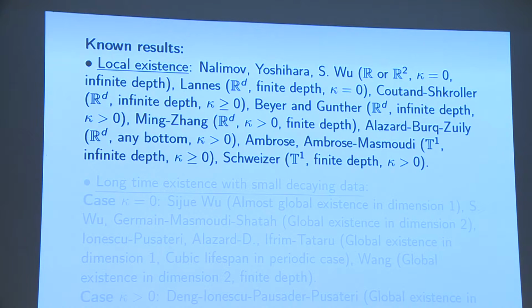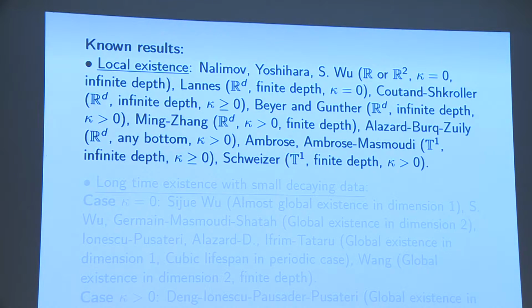Then there have been quite a lot of other works treating different other cases. The only one I shall mention explicitly is the one of Schweizer, which obtained local existence in the periodic framework for finite depth and for positive kappa. That is the problem we're interested in.